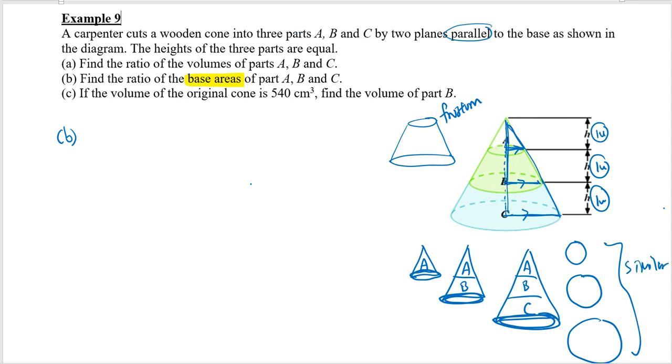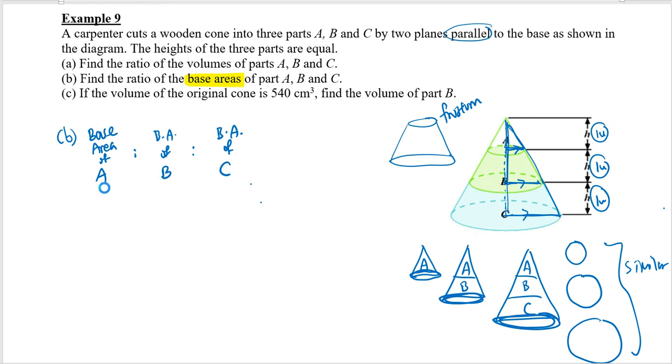shapes. Since the bases are all similar figures, and this is regarding the area, I'm going to link up the similar area ratio for the three bases. So I can say that the base area of A is to the base area of B is to the base area of C. They are actually just circles.